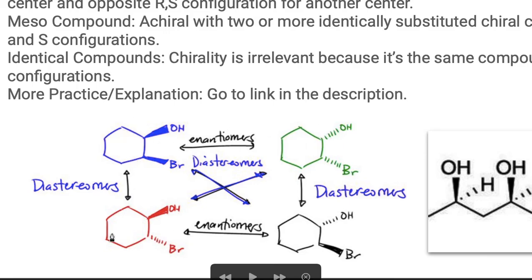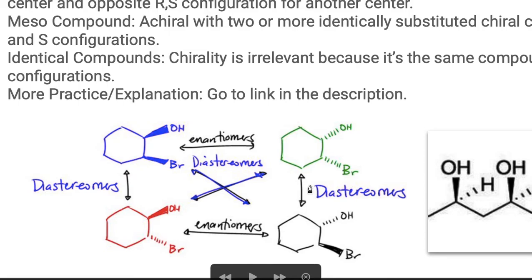There are 4 stereoisomers, and you can tell they're stereoisomers because they have different combinations of wedges. This one has 2 forward pointing wedges, 2 backward pointing wedges, and then 1 forward and 1 backward, where the forward is the hydroxyl group, and then 1 backward, 1 forward, where the forward is the bromine group. So they're all different.